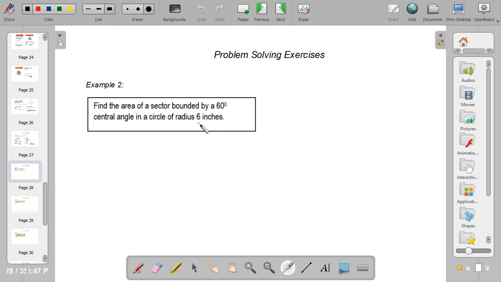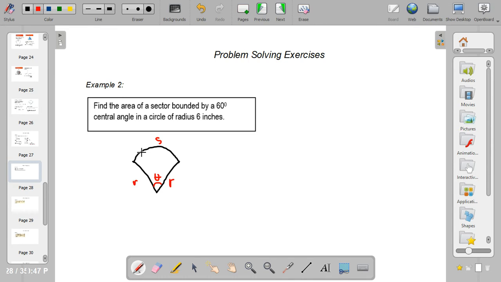Okay, so a sector is like this, right? Di ba ganito yung sector? Tapos pa ganyan. Okay, so ito yung ating R, ito yung ating R, ito yung ating S, tapos ito yung ating central angle.